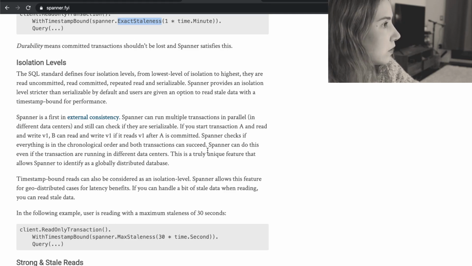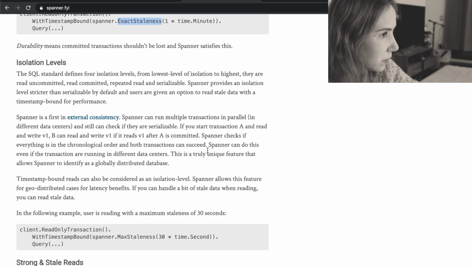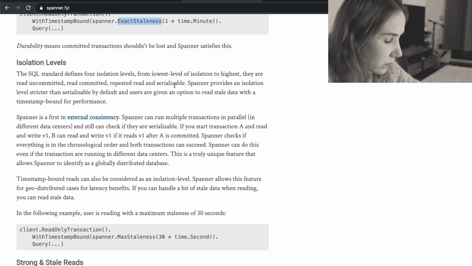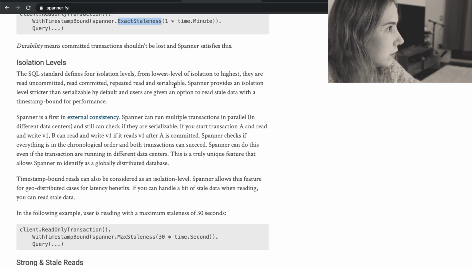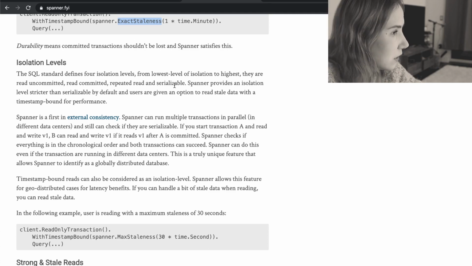Read committed means you have to commit the transaction to be able to read that data. So it only is going to return you the mutated value if you commit the transaction, which is slightly better than read uncommitted. Repeatable read means it's a higher isolation. Repeatable reads mean you can repeatedly and consistently read the same thing all across. And there's the serializable, which is the highest level, which has a lot to do with two transactions.